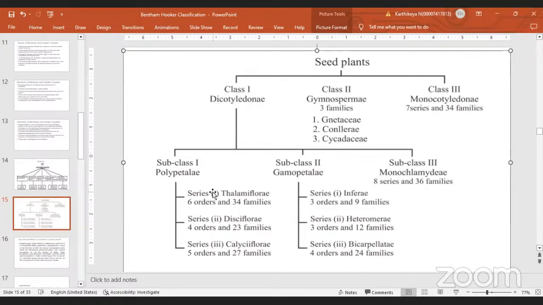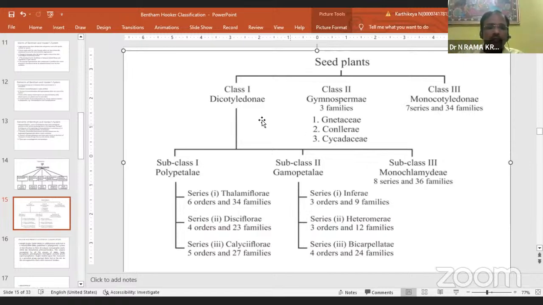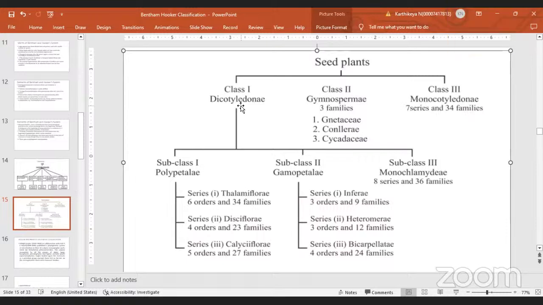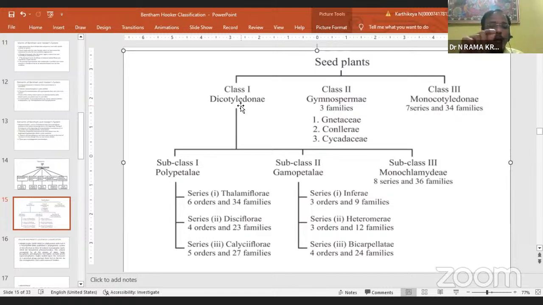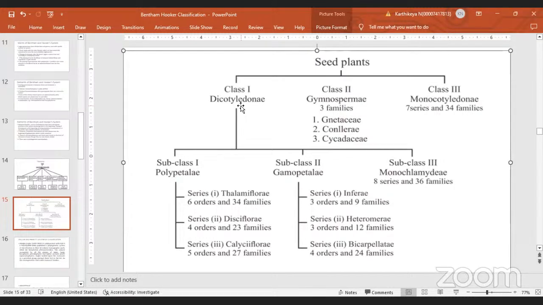You know Annona squamosa? When you are studying Annona squamosa, you first write down the class. The class is dicotyledons. Subclass Polypetalae.